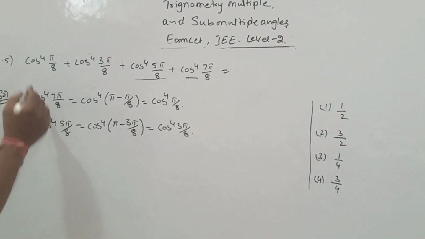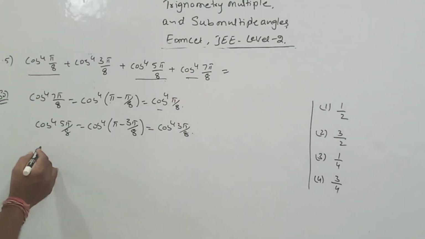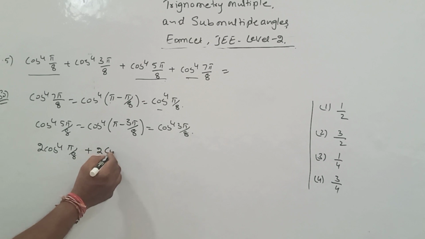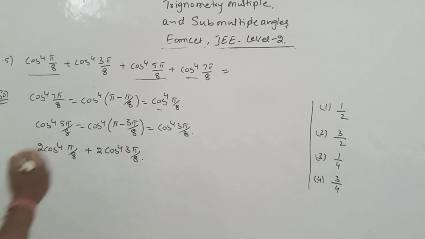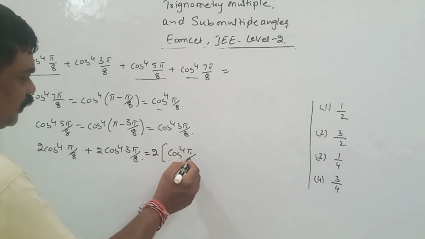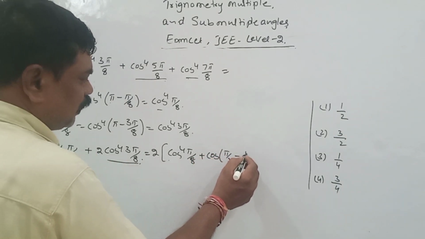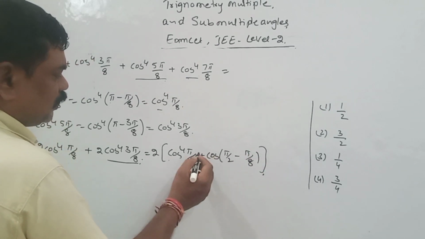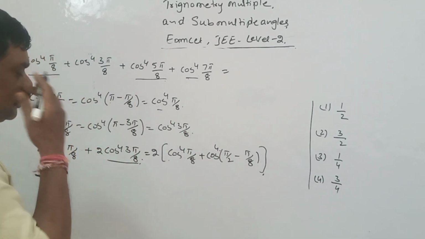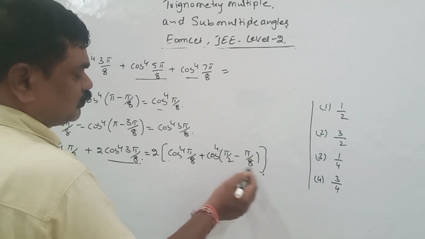So here you can write it as 2 into cos power 4 of pi by 8 plus 2 into cos power 4 of 3 pi by 8. Taking 2 as common, cos power 4 of pi by 8 plus cos power 4 of (pi by 2 minus pi by 8), since the LCM is 8, 4 pi minus pi gives 3 pi by 8.